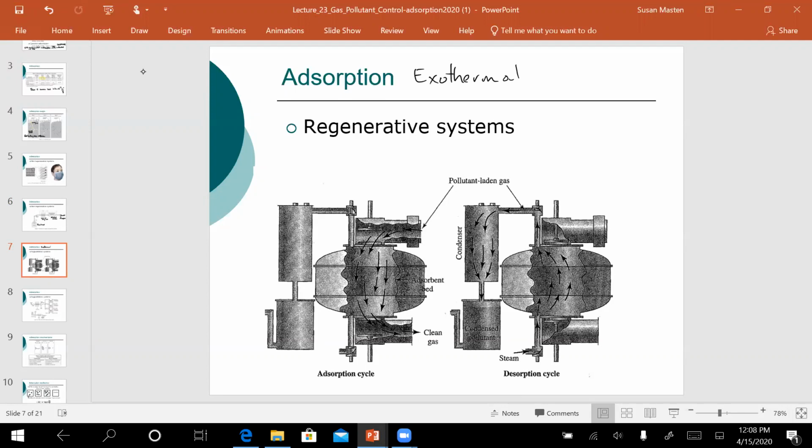So that means that if we increase the temperature, we will decrease the extent of adsorption. So by doing this, we can shift that equilibrium to desorb the perchloroethylene from the activated carbon and then collect that and reuse it.